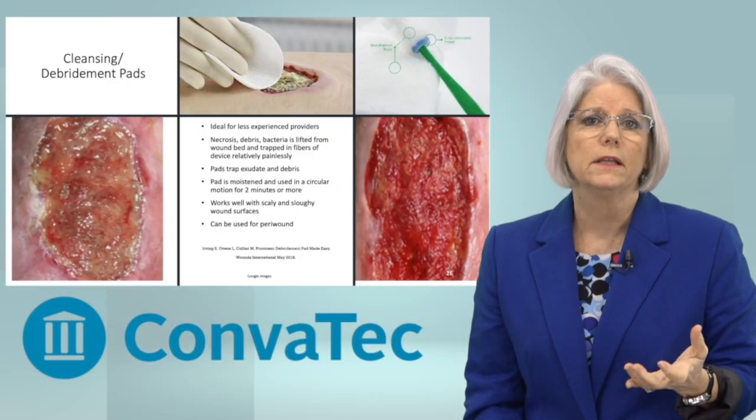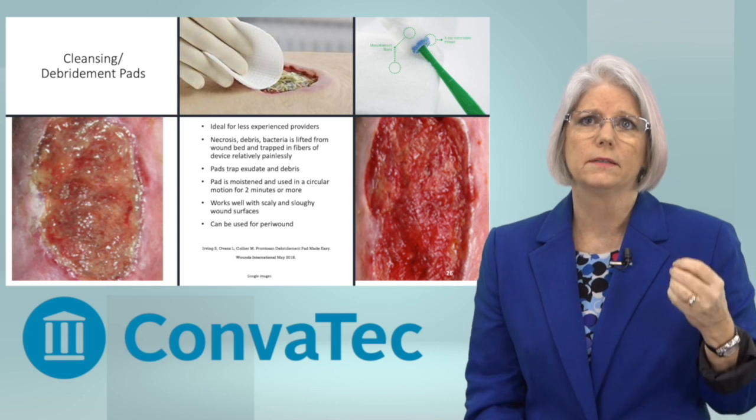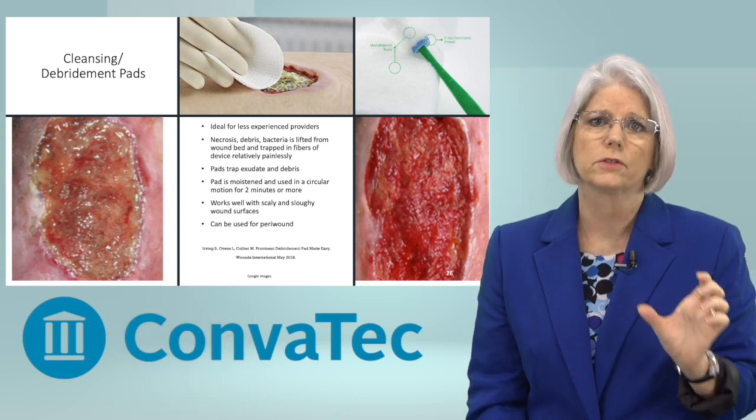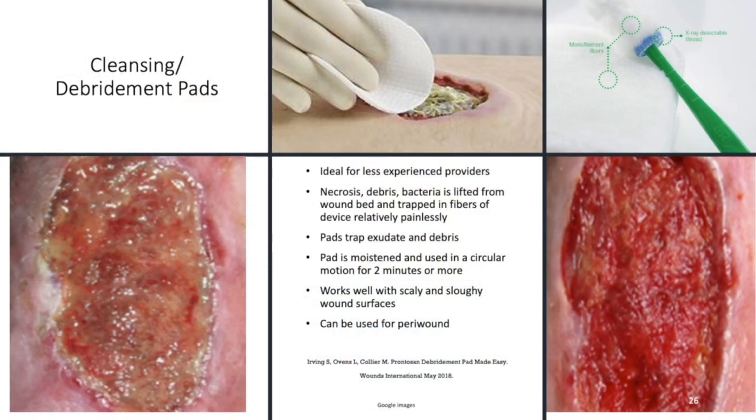What we've seen in the last 5 years or so is the cleansing or debridement pads. There's various options here in Australia, and this is a before and after pictorial for you to see a demonstration of how effective. And this can be used on the wounds, but could also be used on the peri wound. Our recommendation from this document is that you use an antiseptic cleanser because we're talking about hard to heal wounds.